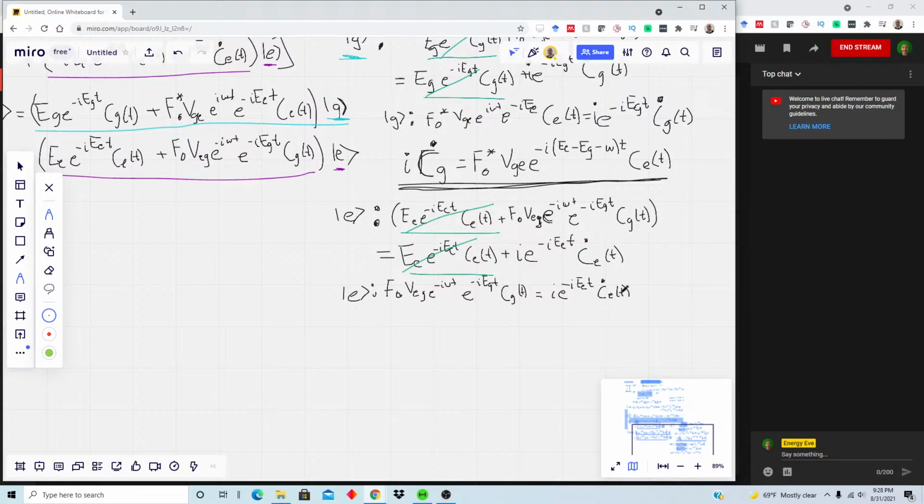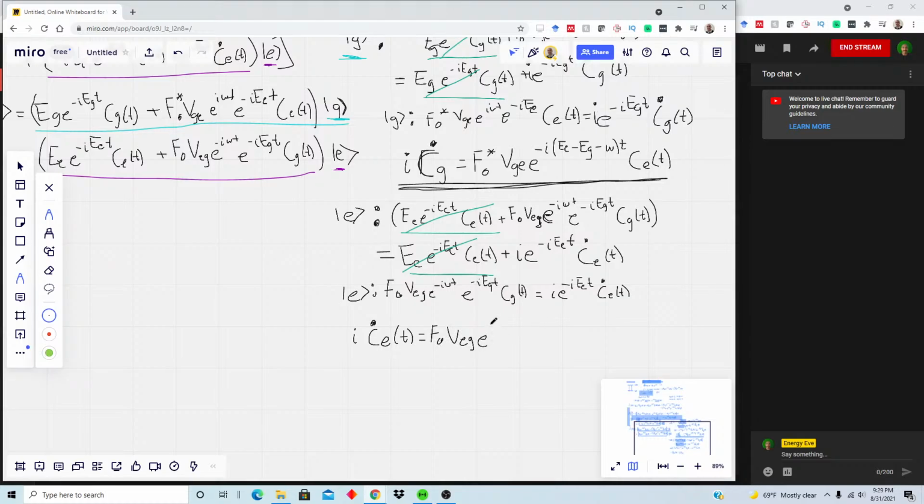And so again, like the other problem, we're going to want to solve for this, moving this to the other side. And so we get i times the time derivative of a constant. And so when we move this to the other side, we're going to want to do a similar thing. And so this is going to be positive now.